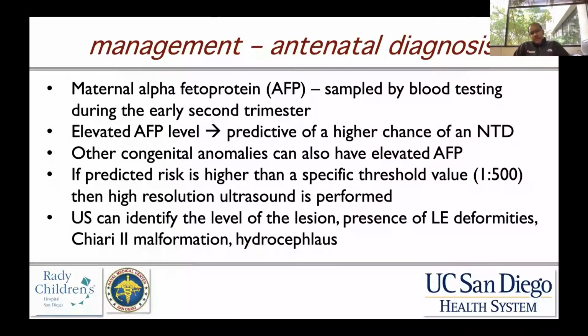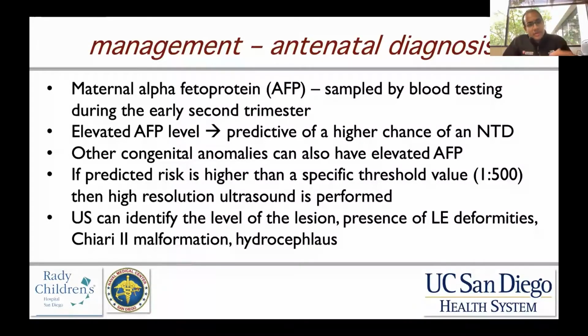When we talk about management, antenatal diagnosis is really the mainstay, given the technology and access to prenatal care that we have today. Maternal alpha-fetoprotein, or AFP, is sampled by blood testing, typically during the early portion of the second trimester. An elevated AFP level can be predictive of a higher chance of a neural tube defect.